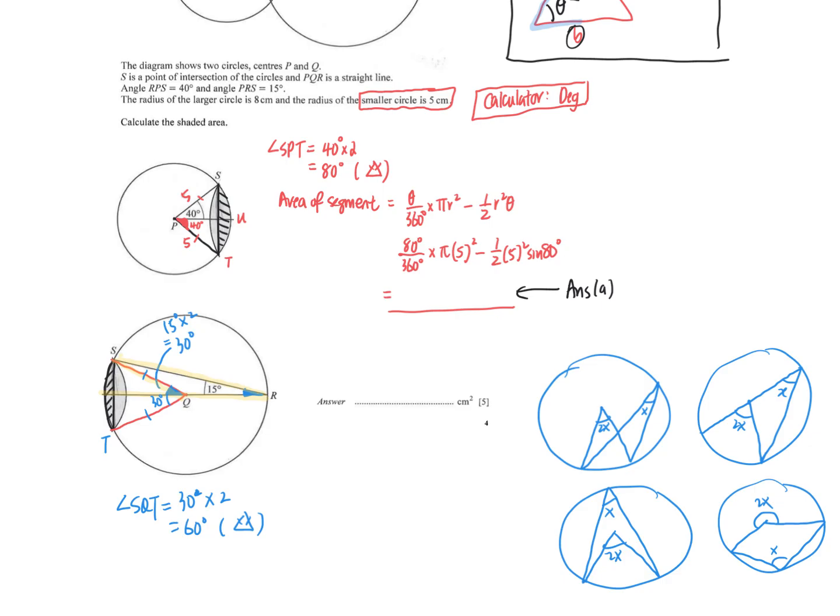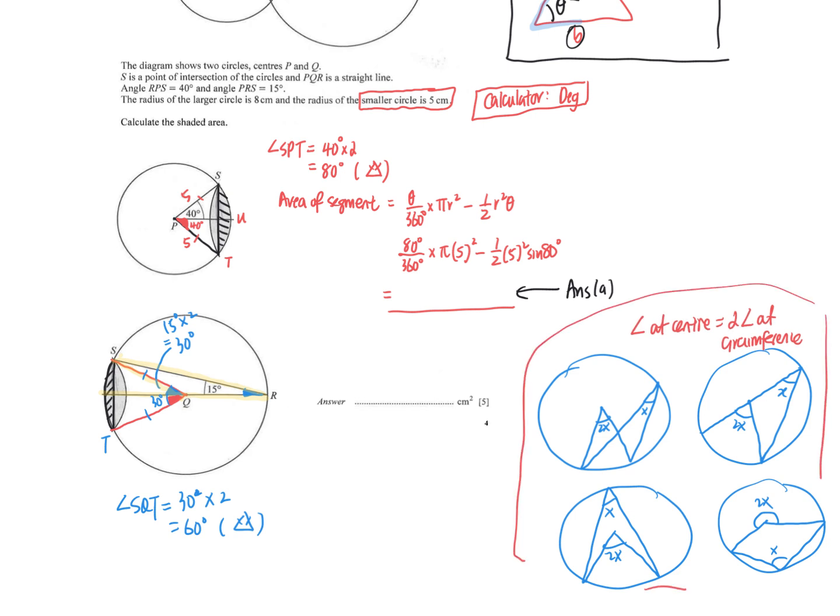This part here is 30, so this part here should also be 30 because it's an isosceles triangle. Because of this property, angle at center equals angle at circumference. This one is a circle property. That's why it's important. They like to lump the properties together.